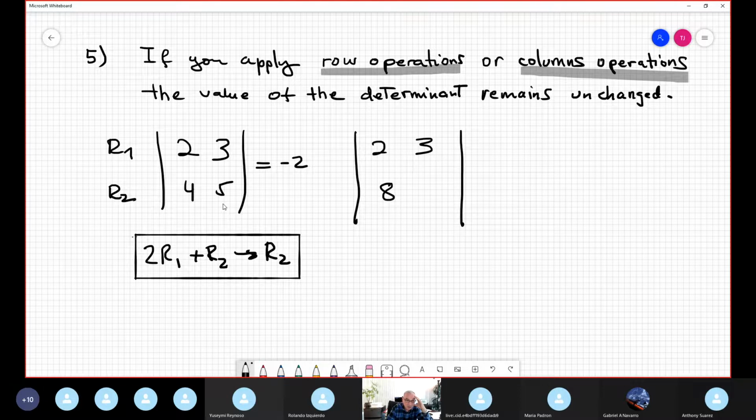Do you understand the row operation? These two are multiplied by 2: 2 times 2 is 4, plus the corresponding 4 is 8. Likewise, 2 times 3 is 6, and 6 plus 5 is 11.